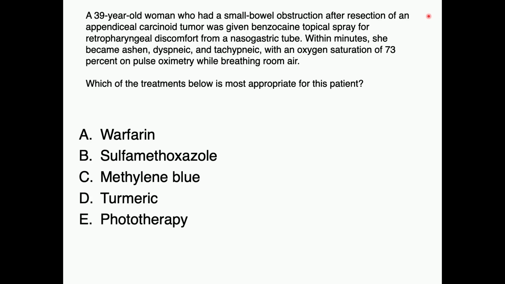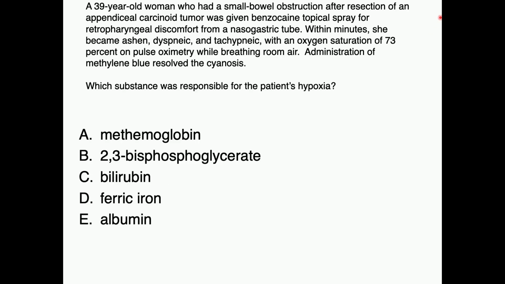Okay, so this would presume that methylene blue would be appropriate for this patient because... I'm just looking here, would ferric iron be an answer for this as well, maybe?